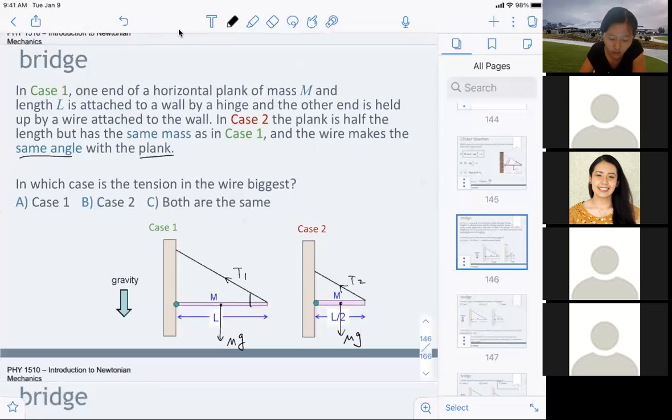So if I try to solve for tension, I can start with the force equation, or I can start with the torque equation. In this case, starting with the torque equation actually is quicker and easier because the torque equation gives us directly tension times L times sine of theta minus mg times L/2 is equal to 0.